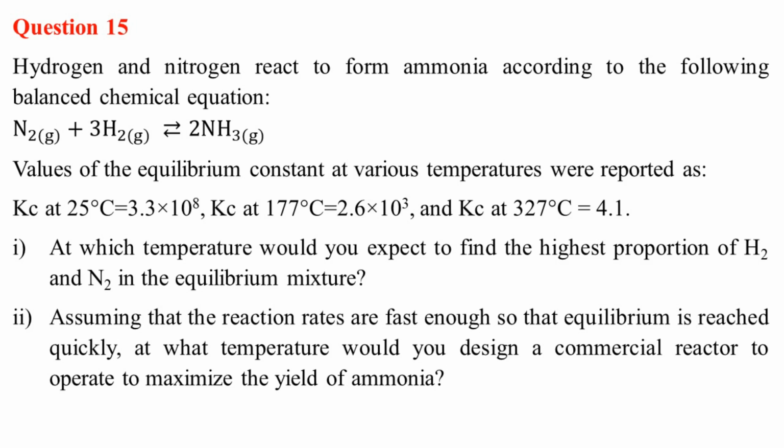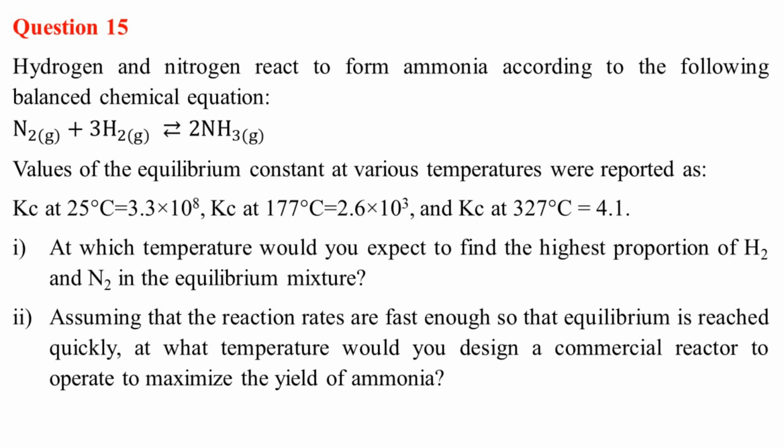Another Kc that was given is 177, also a high value greater than 10^3. We also have the Kc at 327 degrees Celsius, which is equal to 4.1, in between 10^-3 and 10^3. So this one will contain both product and reactant, and the others will contain a huge amount of product.